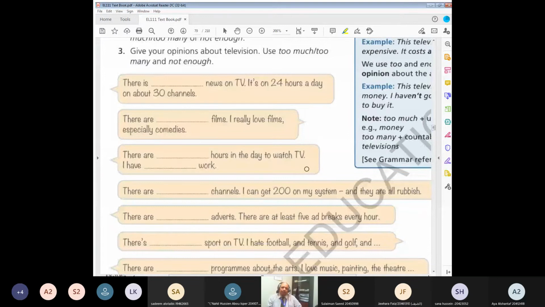Remember, we're talking about opinions. Okay, so sometimes the meaning would be different, and sometimes also your answers would differ, because our opinions are different. Can we do it? Let's do it.